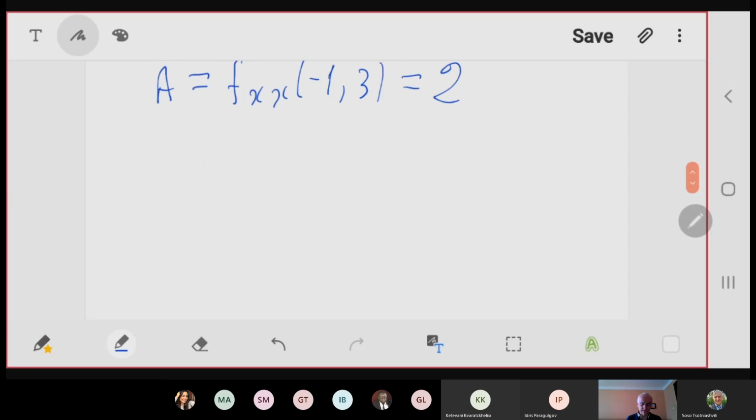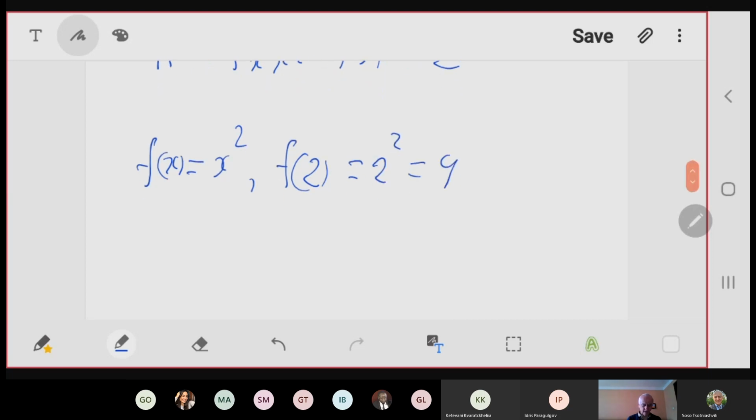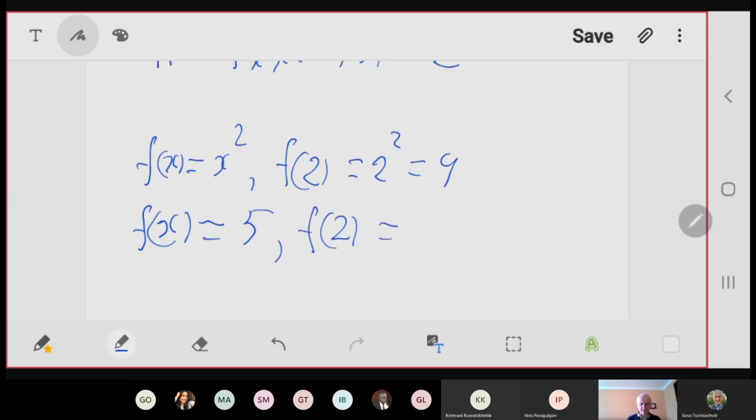To be more clear, I can give an example of a function of a single variable. For example, if f(x) is x squared and we need to find f(2), we know what to do. We replace x by 2, and it's 2 squared, which is 4. Also, if we have a constant function, f(x) equals 5, here we can write that f(2) is 5.